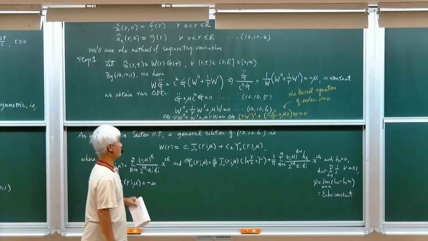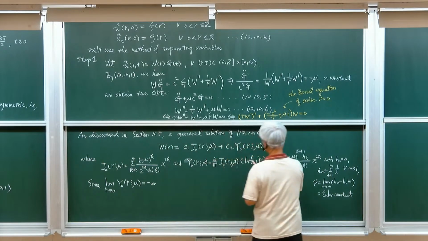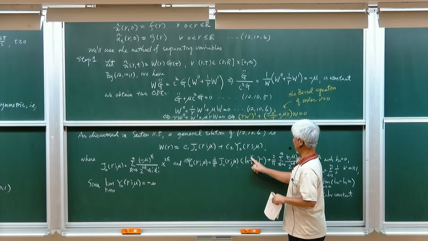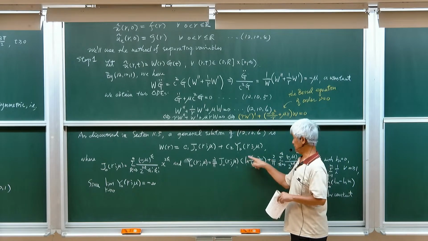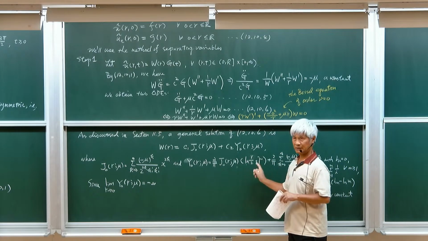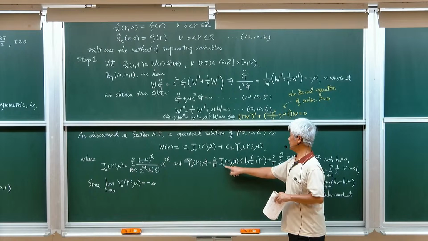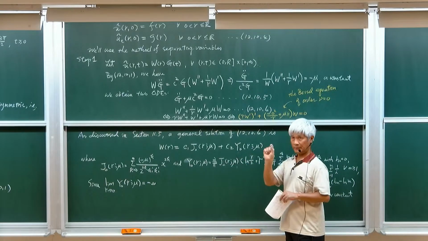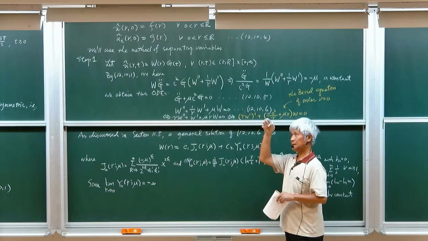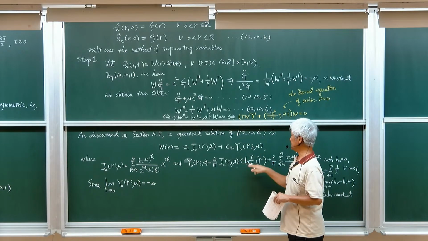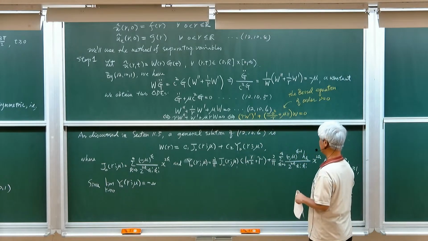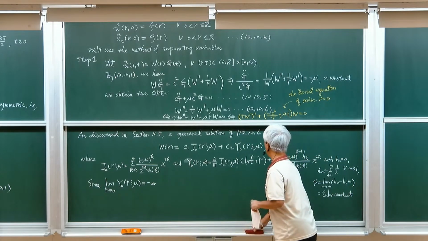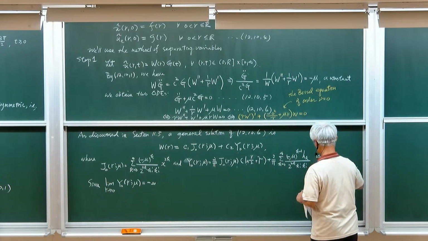The reason is, as you can see, when r goes to 0, the natural logarithm goes to minus infinity. So this term goes to minus infinity, even though J0 goes to some finite number. Oh, by the way, I forgot, this is r.